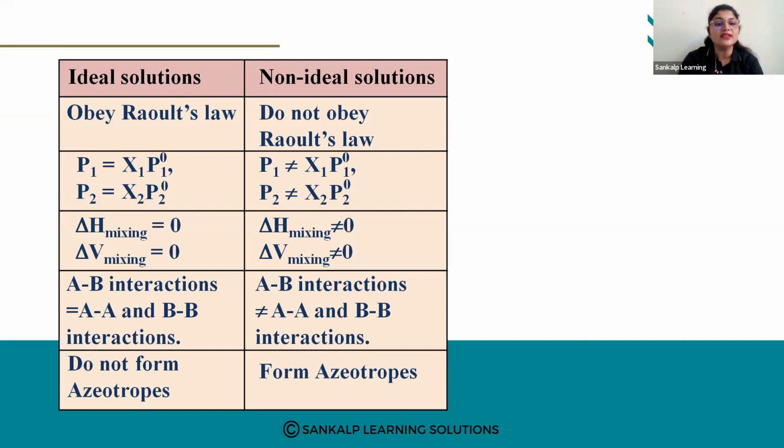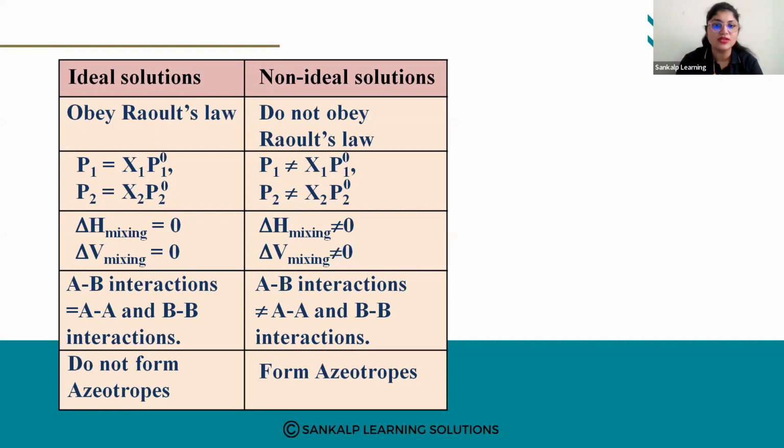For an ideal solution, delta H mix will be equal to 0 and delta V mix will be equal to 0. In a non-ideal solution, delta H mixing and delta V mixing will not be equal to 0. When you talk about interactions, AA and BB interactions will be equal to AB interactions in an ideal solution, that is, solute-solute and solvent-solvent interactions equal solute-solvent interactions.